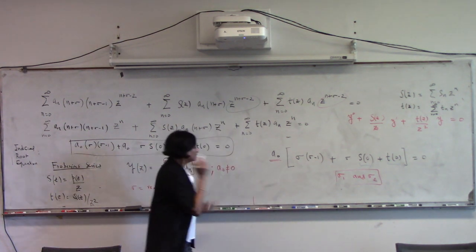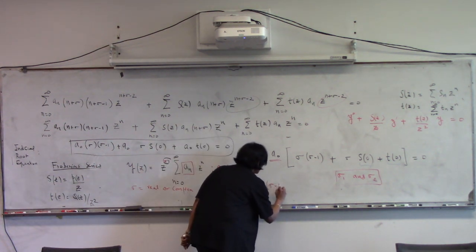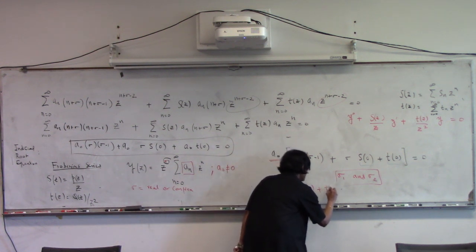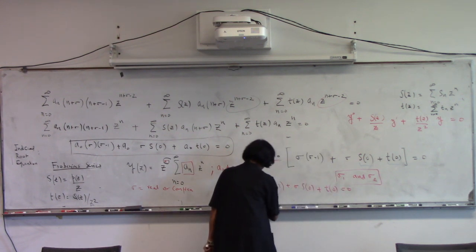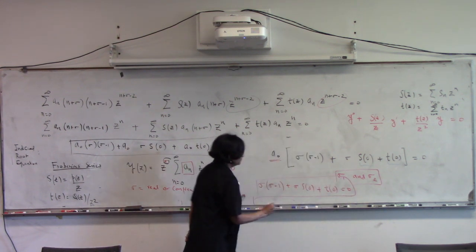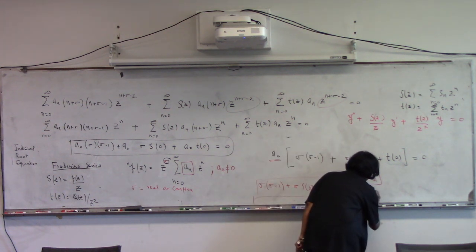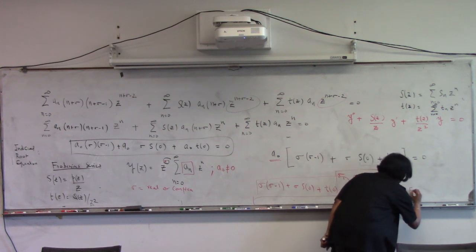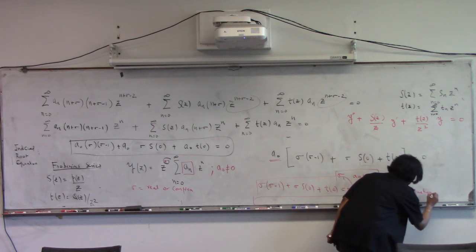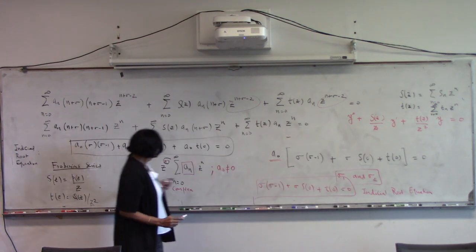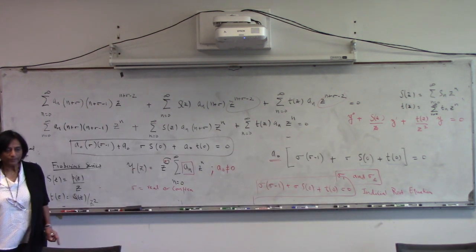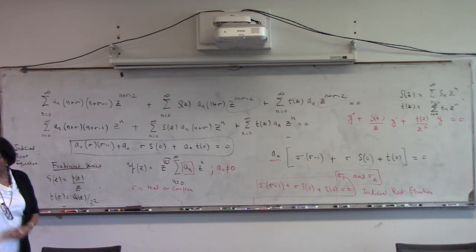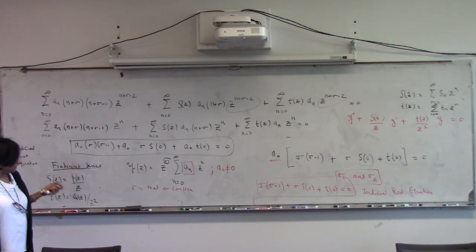This is called the initial root equation. You can get the values of sigma, because the second order differential equation has two solutions, one corresponding to sigma 1, one corresponding to sigma 2.